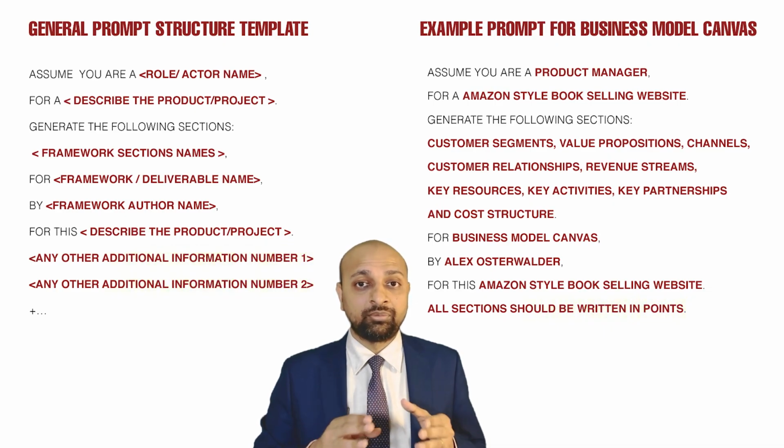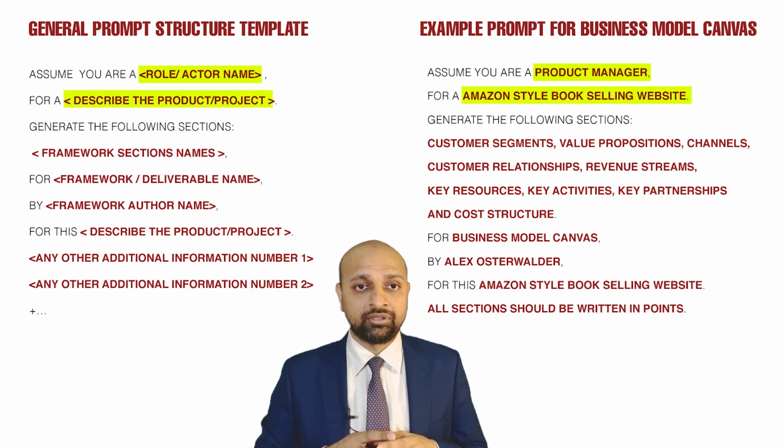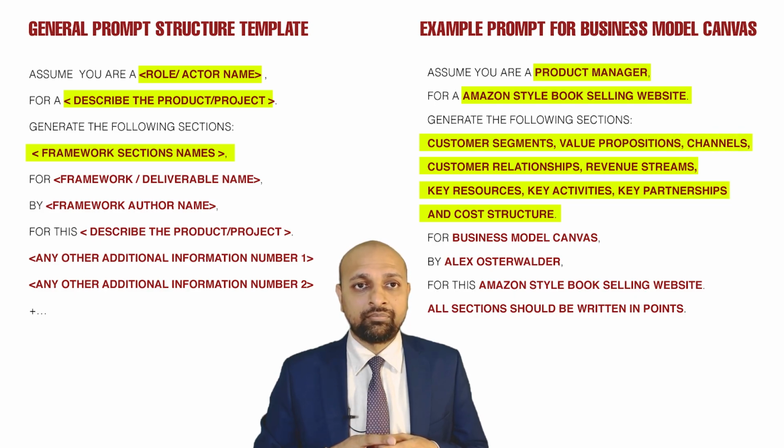So just a quick summary of this prompt. We are asking ChatGPT to assume the role of a product manager for an Amazon style book selling website. We want ChatGPT to generate 9 sections of the business model canvas, which are customer segments, value proposition, channels, customer relationship, revenue stream, key resources, key activities, key partnership, and cost structure.